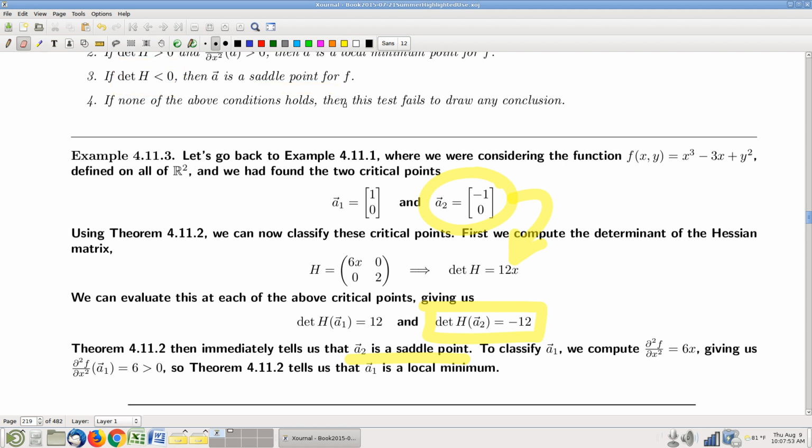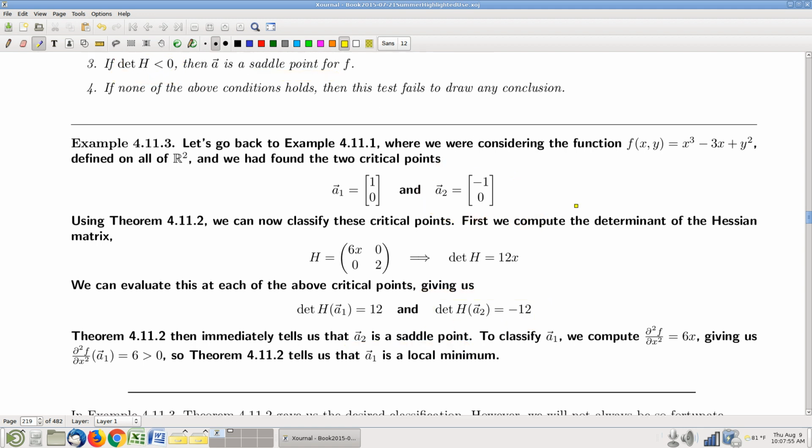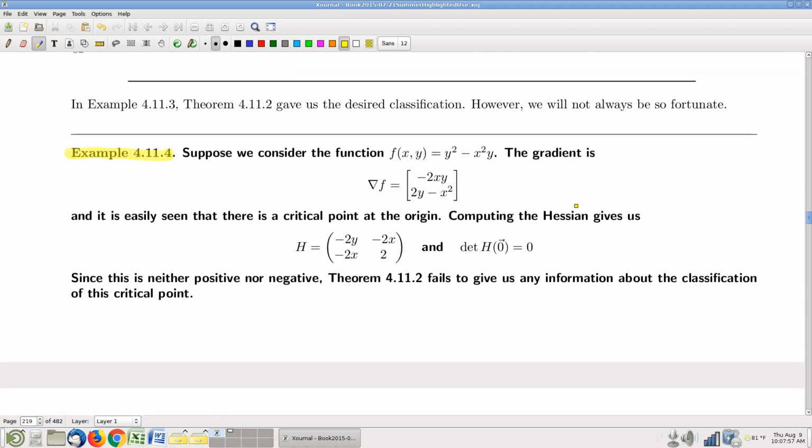Sometimes the test does fail. Here's an example of that real quick. So a different function, one we haven't looked at already. You can take the gradient, there you go. There's a critical point at the origin, not hard to confirm. The gradient's equal to 0 at the origin. So let's see here. Now, what does the second derivative test tell us? Well, I've got to take the Hessian matrix.